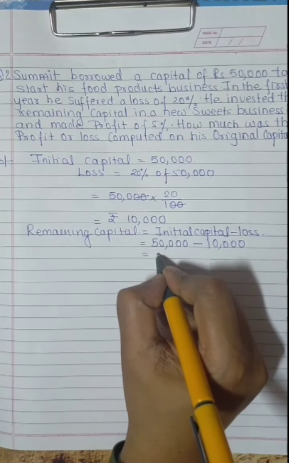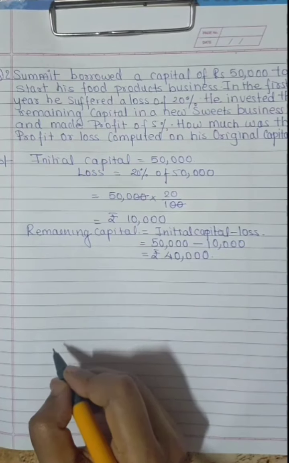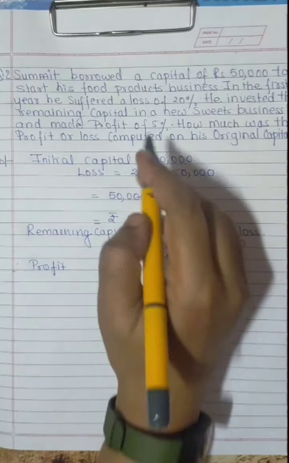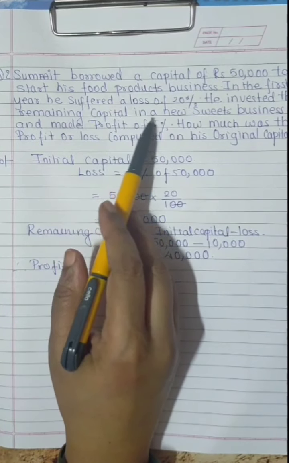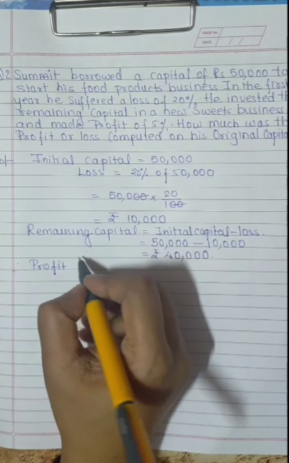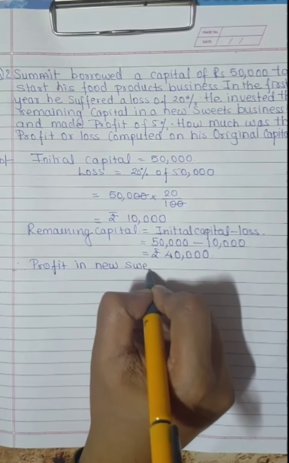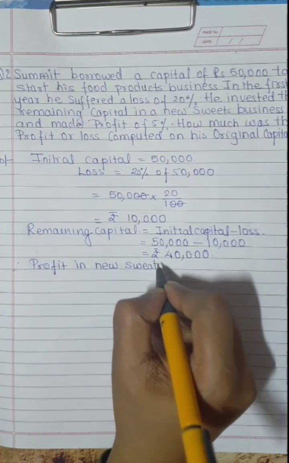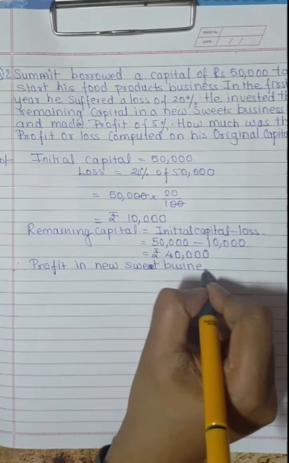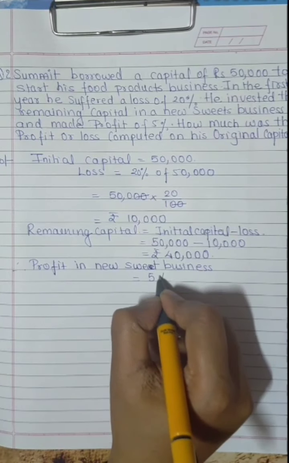After subtracting we get 40,000. Now, he invested the remaining capital in the new sweet business and made a profit of 5%. So profit in the new sweet business is how much? It is 5%.